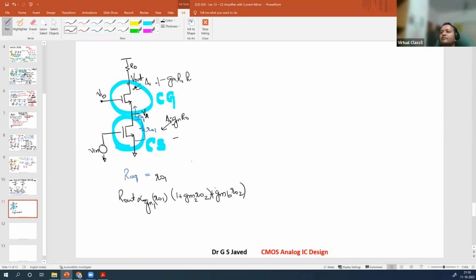How much is that? RO2. So GM RO1 times GM RO2 will be the effective load. Now RO2 will be in parallel with RD. So all these conditions will come into the picture, and this will be your intuitive R out and intuitive gain calculation.